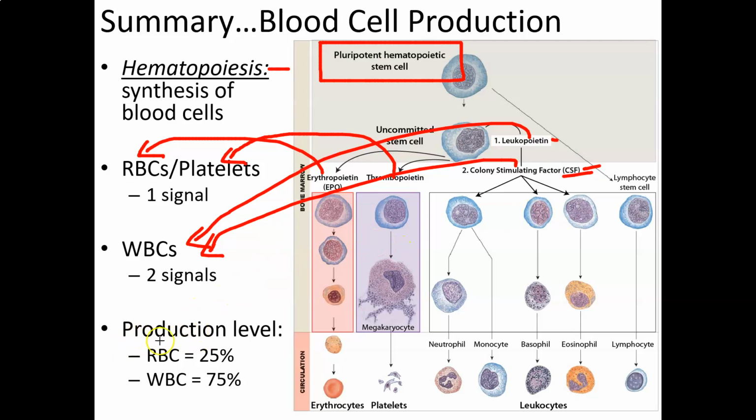At the production level, 75% of the cells we make are white cells, and only 25% are red cells because of the difference in lifespan. Even though we have many more red cells than white cells, red cells last much longer, so we need to make more white cells to replace the ones that are dying off at a much higher rate.